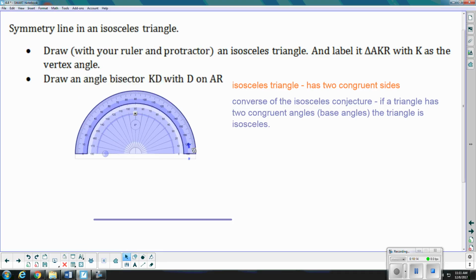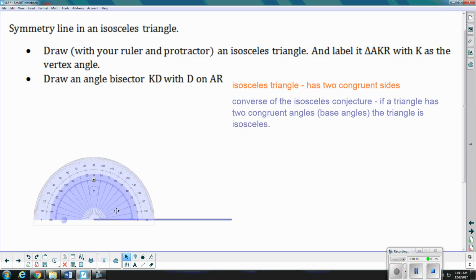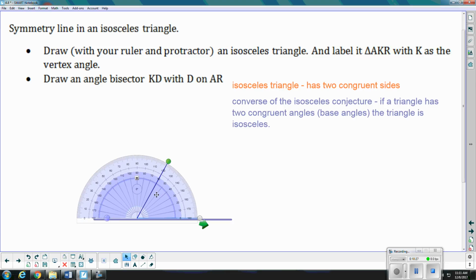Alright, there we go. So I'm going to make mine 60 degrees. So there's one 60-degree angle.